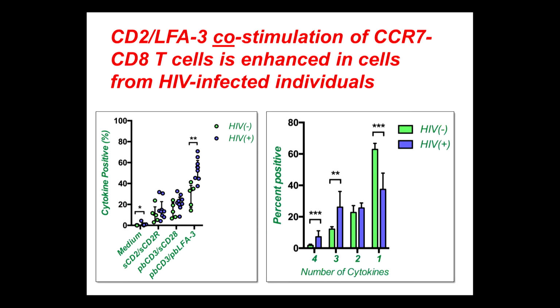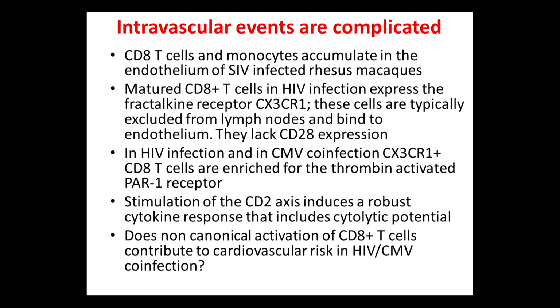So, to summarize this last piece, intravascular events are complicated. CD8 T cells and monocytes, we believe, accumulate in the endothelium of SIV-infected rhesus macaques. It's harder to show that in humans with HIV infection, but we are assembling samples in which to evaluate this.